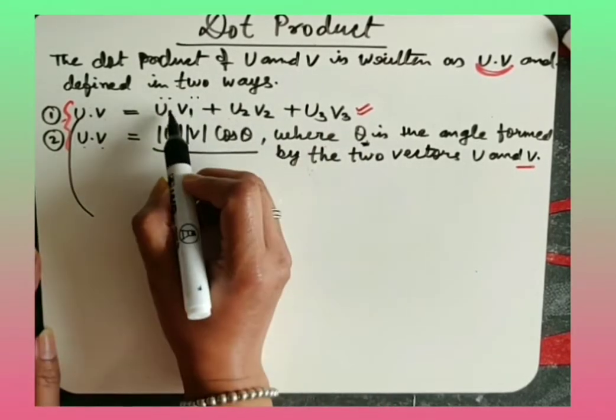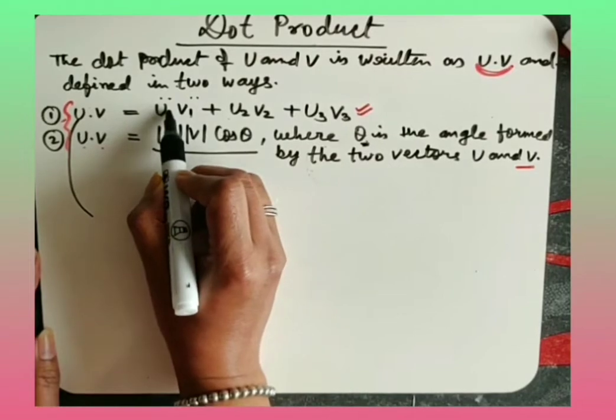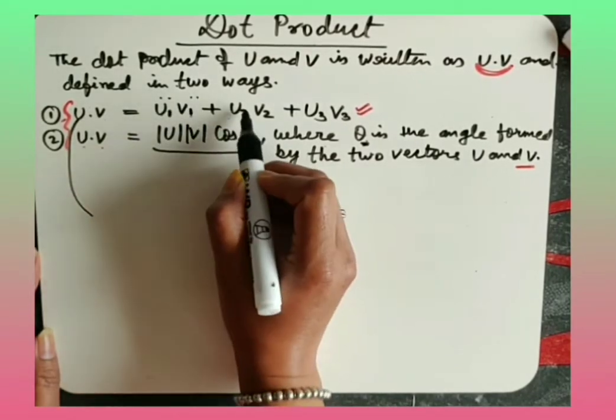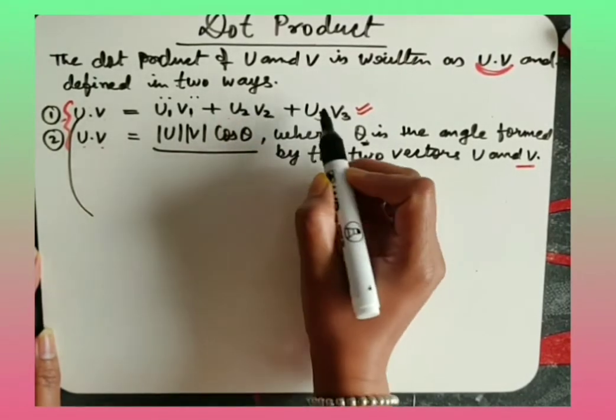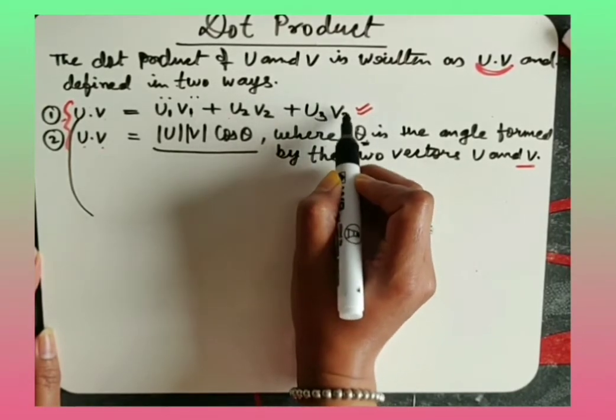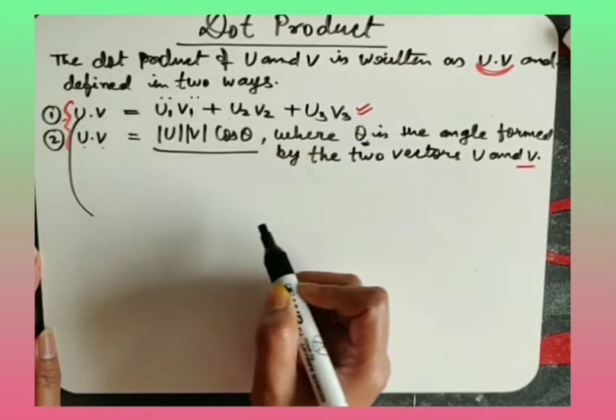Here, the first component of u, u1, is multiplied by the first component of v, v1, and here the second component of u is multiplied by the second component of v, and the third is the third component of u multiplied by the third component of v.